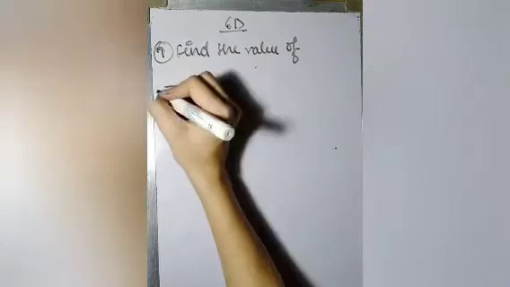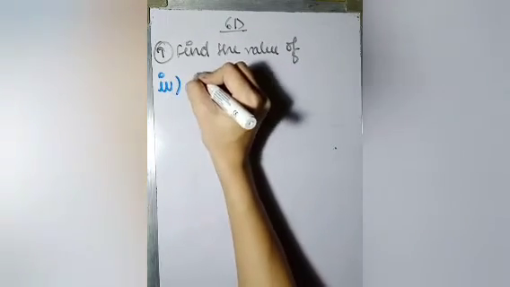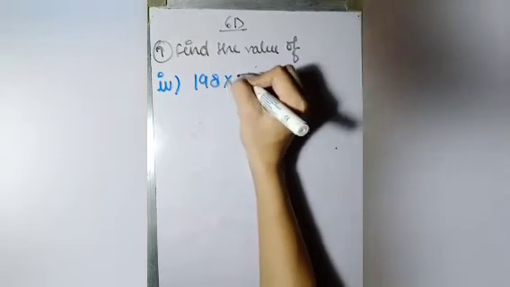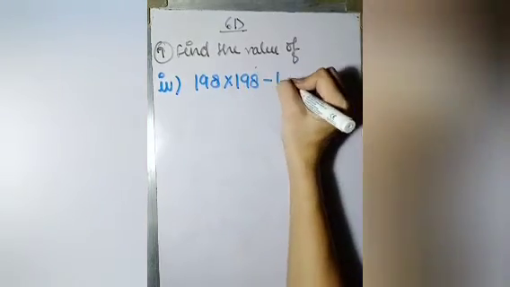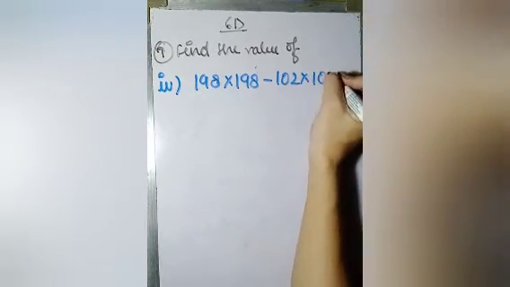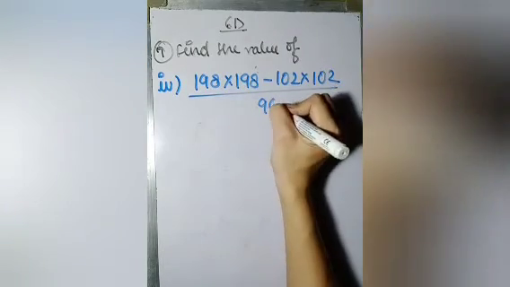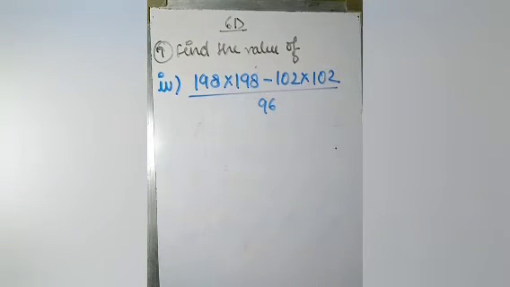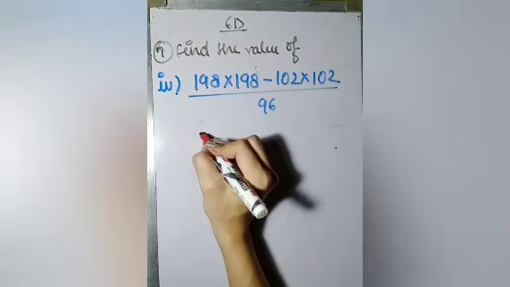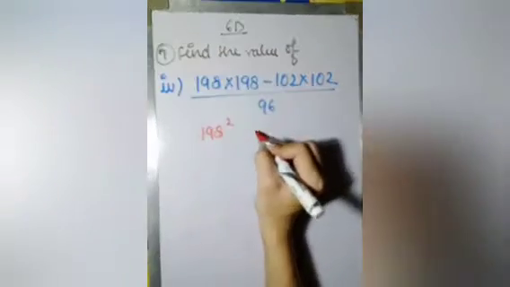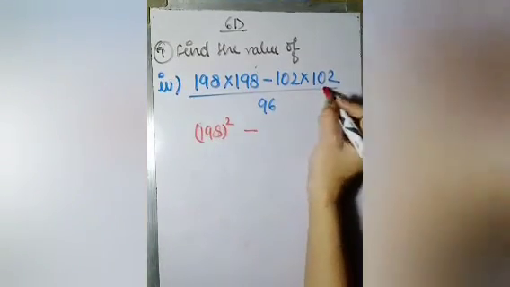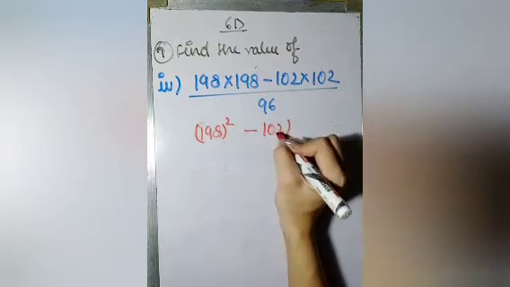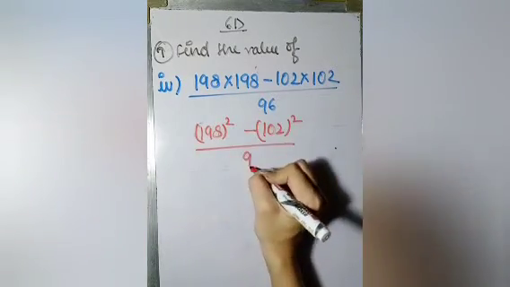Next question, the 4th. 198 into 198 minus 102 into 102, upon 96. We have to find the value. Now see, you can write this 198 into 198 as a square, and 102 into 102 is the square of 102, upon 96.